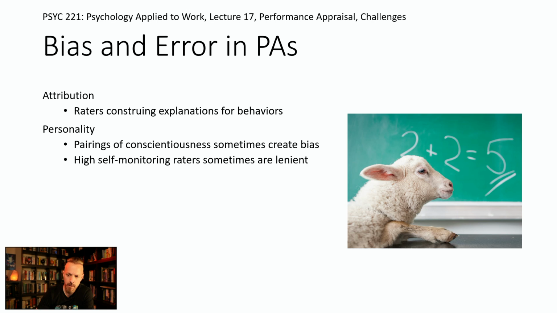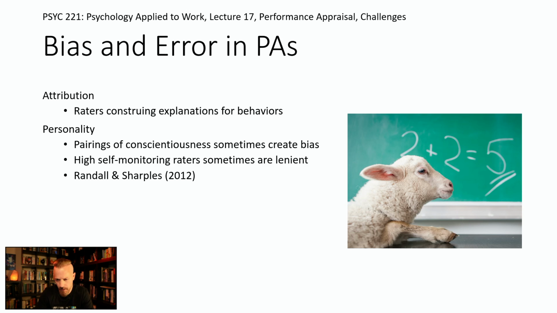If you're high in self-monitoring, which is to say you're always metacognizing, always hypervigilantly ruminating over why you did something, what your state is, and always attributing causes of why you did something, you might have a tendency to extend that onto other people, always construing reasons and excuses why people did what they do, and essentially end up being biased towards being more lenient.